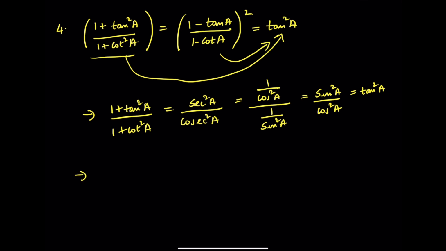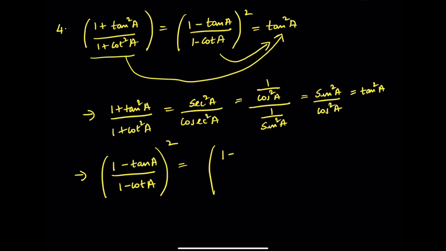Now let's solve the second part, which is (1 minus tan a) divided by (1 minus cot a), the whole square. So let's apply the inverse function for cot a. So this would be 1 minus tan a divided by 1 minus 1 by tan a. We just replaced cot a by 1 by tan a.